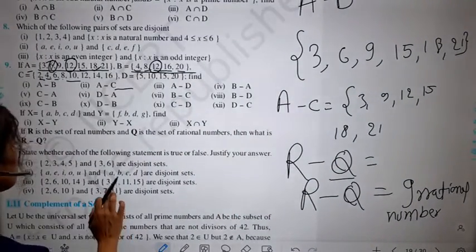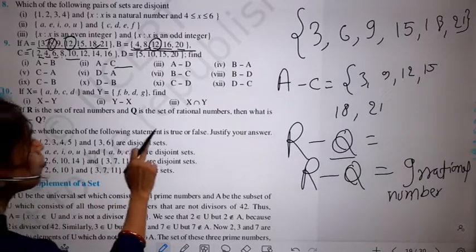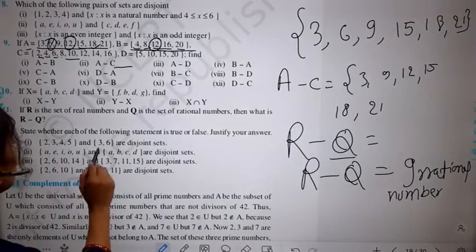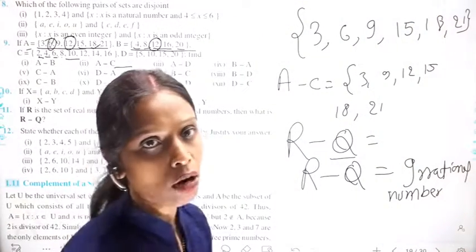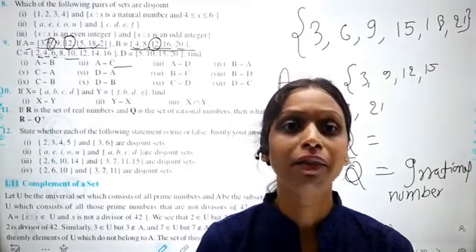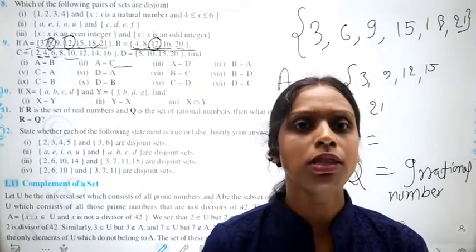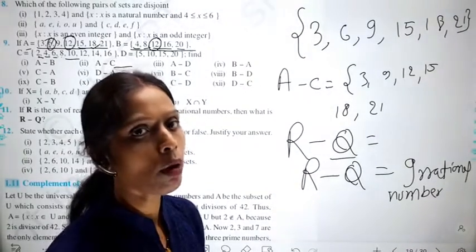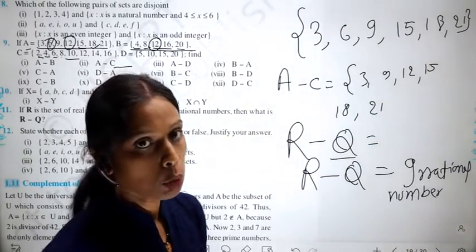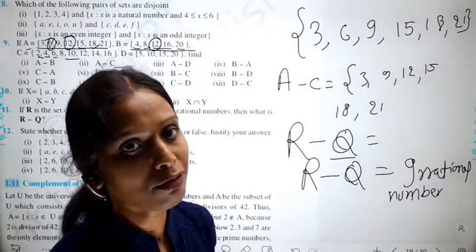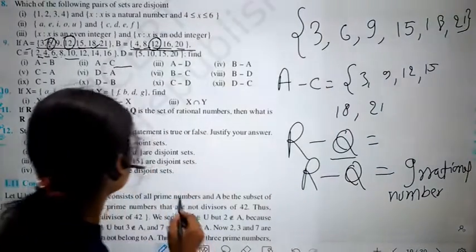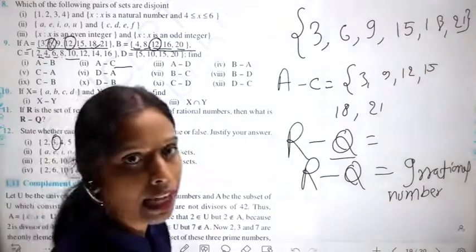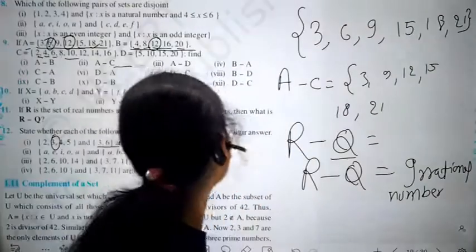Okay, now next one is state whether each of the following is false or true. Like {2, 3, 4, 5} and {3, 6} are disjoint sets. According to the definition of disjoint sets, when two sets have no common number, it is called a disjoint set. That's why, 3 is common to both sets, so this is not disjoint.